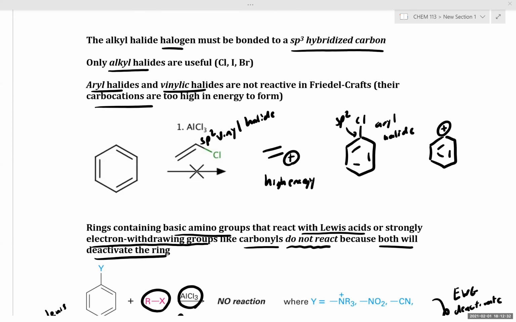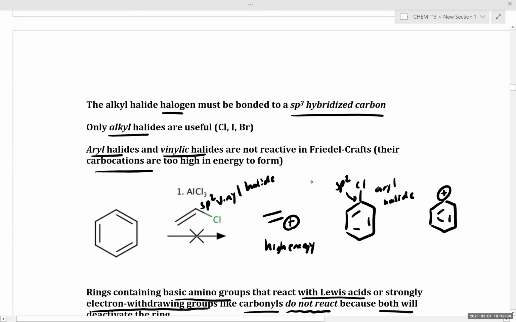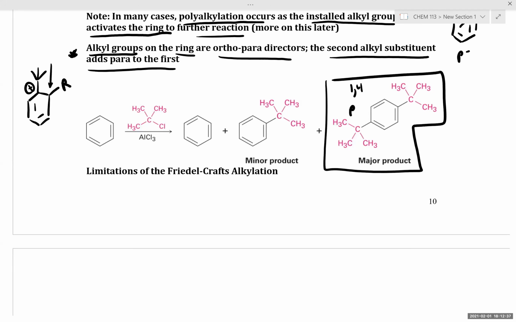It's more based on the fact that these alkyl groups activate the ring to further reaction. So each time you add your alkyl group, the substrate gets more and more reactive towards substitution. And that's why polyalkylation is such an issue for Friedel-Crafts alkylation reactions. Does that make sense?